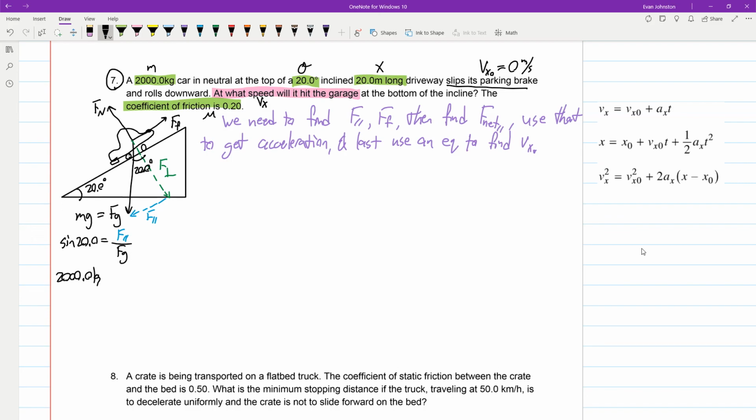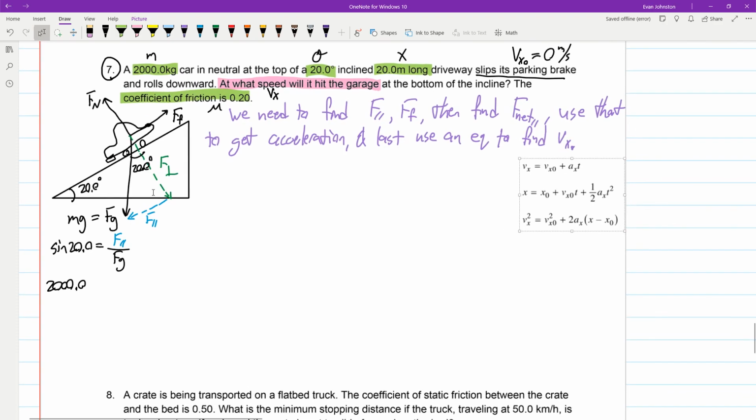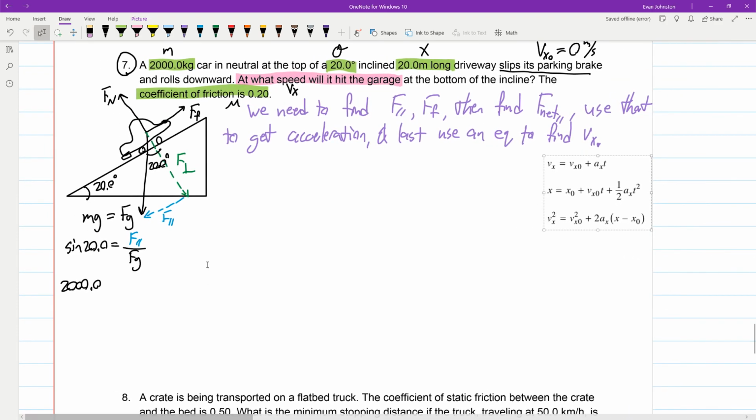So I have my 2,000 kilograms. Oops, sorry, my handwriting looks a little trashy right now. Let's slide this over. Maybe we'll shrink it up here. Then we can zoom in a little bit. So now I have the mass of my car, that's M. Well, 9.8, that's acceleration due to gravity.